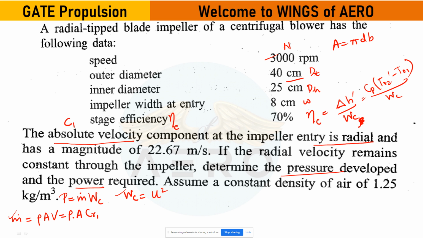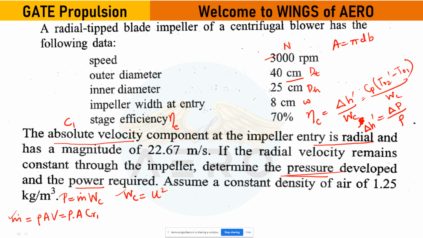Wc we know the value, eta C we know. Now this can also be written as del H prime. Del H prime can also be written as change in pressure by rho. So the pressure change can be found, rho is given. Using this relation you can find it.